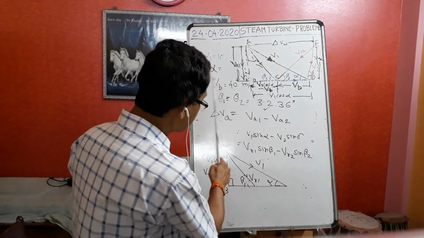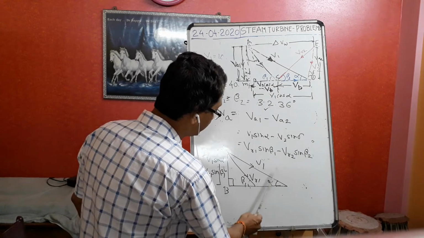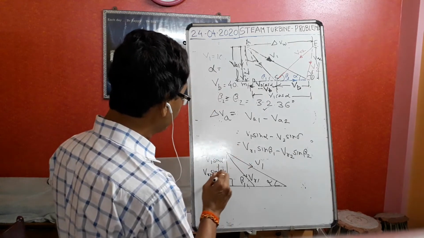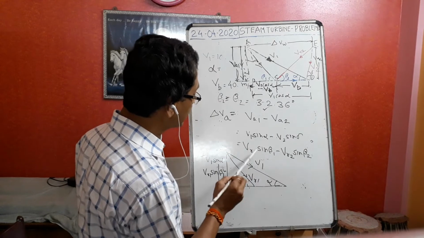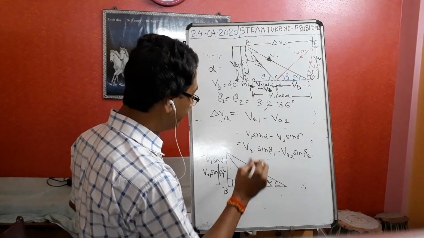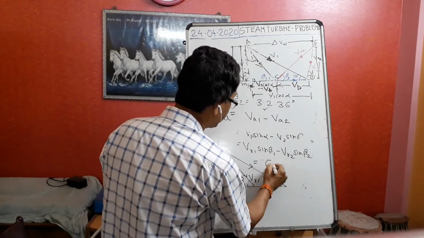So that's why, because this perpendicular altitude is the same. Whether you consider this triangle or this triangle, the altitude is the same. So V1 sin alpha and VR1 sin beta 1 are the same. But in this case VR1 and VR2 are the same, and beta 1 and beta 2 are the same. তাহলে এটা কি হয়ে যাবে? So both will cancel. So here there is an axial force.